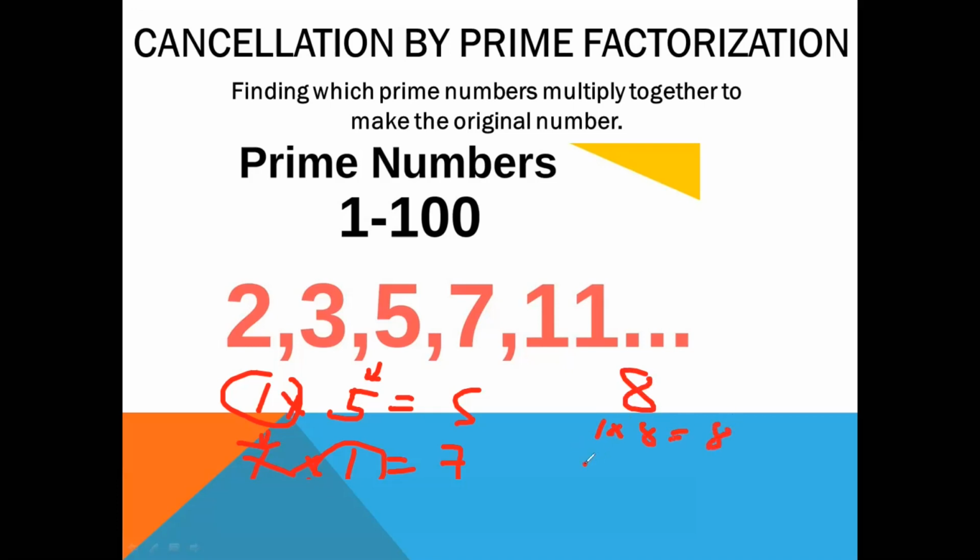We can also multiply it by 2 times 4 equals 8. So 2 is also a factor, 4 is also a factor. So always remember that prime numbers only have a factor of its original number and 1. So, tandaan yung prime numbers, ang factor na lang is yung original number at saka 1. Or, mamultiply lang siya ng 1.